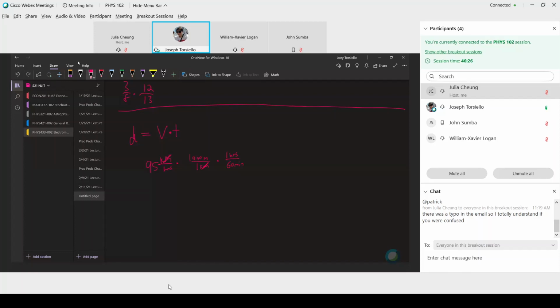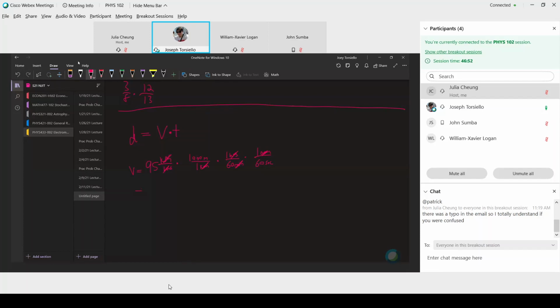So there's 60 minutes in 1 hour. Hours cancel, and you're left with minutes at the bottom. 1 minute over 60 seconds. Cancel out the minutes, top and bottom. And the only 2 units left are meters and seconds. Oh, no, this is the speed. My bad. V equals this.